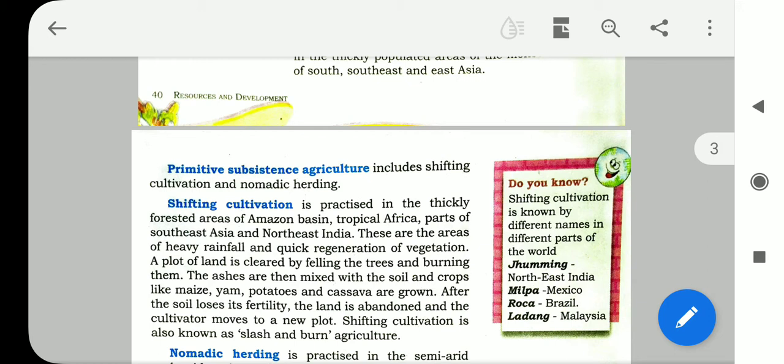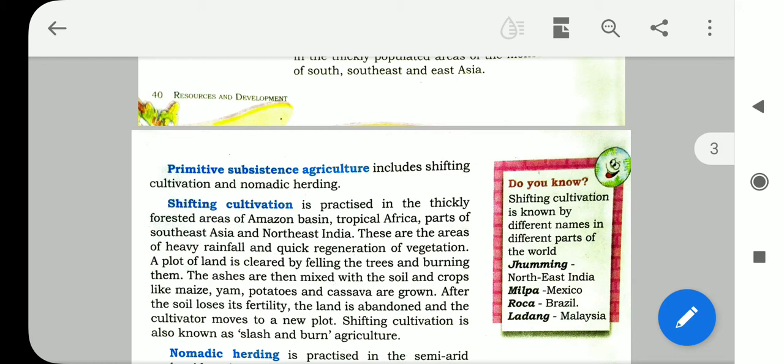Shifting cultivation is practiced basically in the Amazon basin, tropical Africa, parts of Southeast Asia, and Northeast India. In these parts, some people change their places for the purpose of rearing animals, taking the animals along with them, and they select places where the maximum grasses are available.